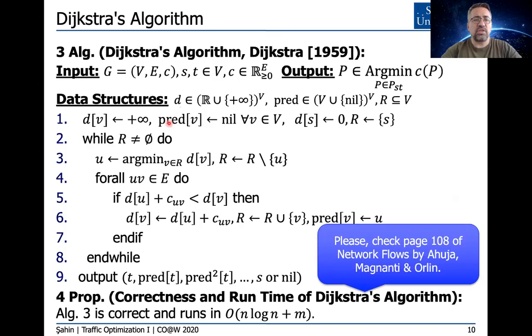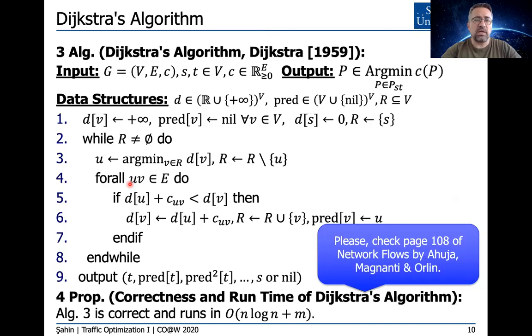At the beginning of each iteration, the algorithm finds the node with the minimum distance label and scans all of the arcs, as shown with this for loop, emanating from the selected node.